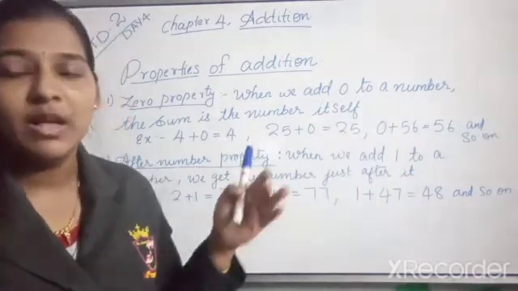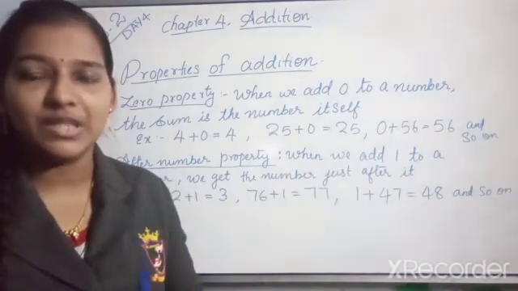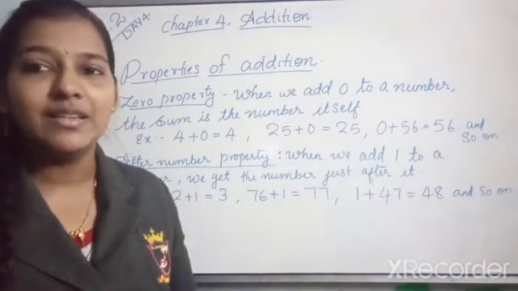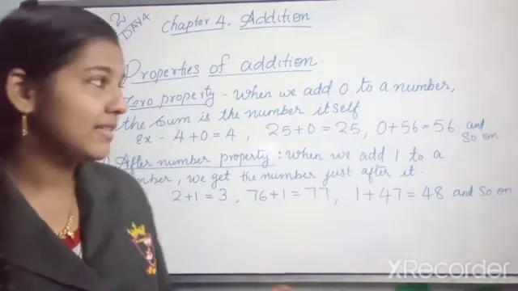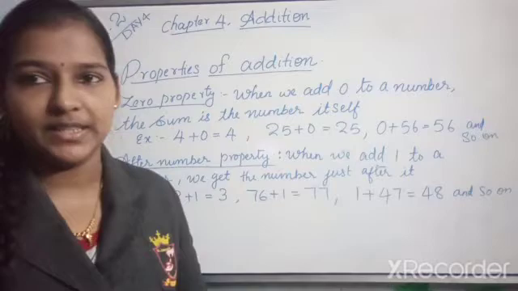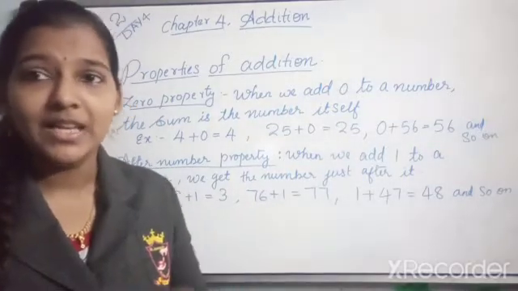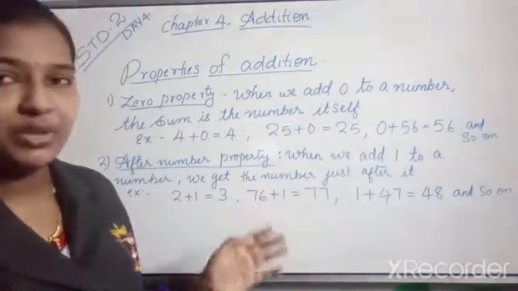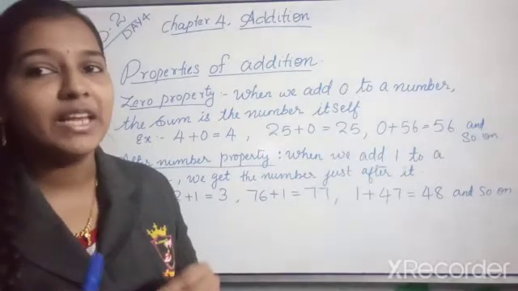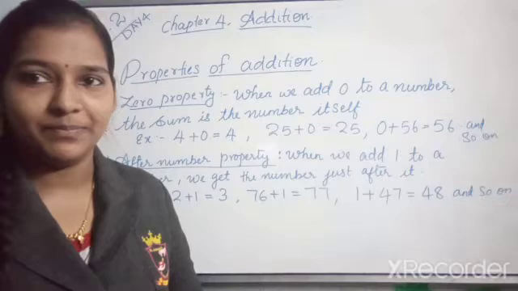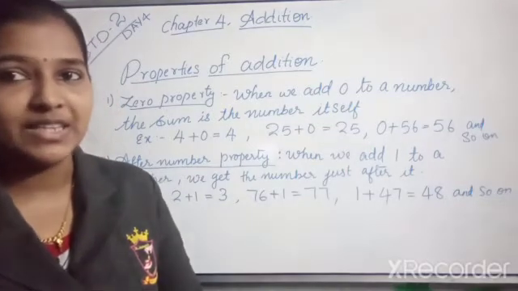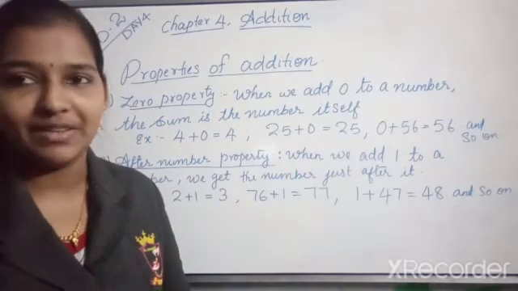So when we are adding a number with 0, we will get the number itself as the sum. Clear, children? This is what zero property says.